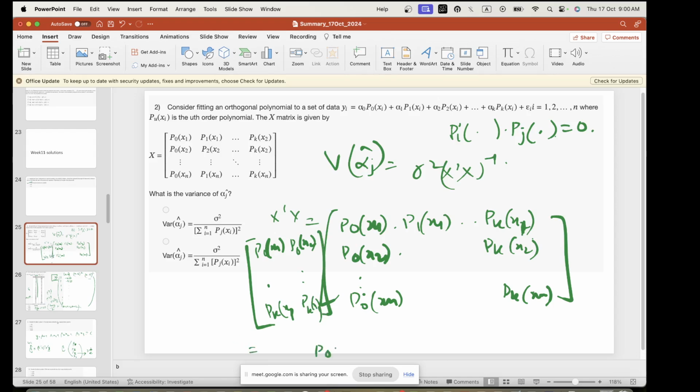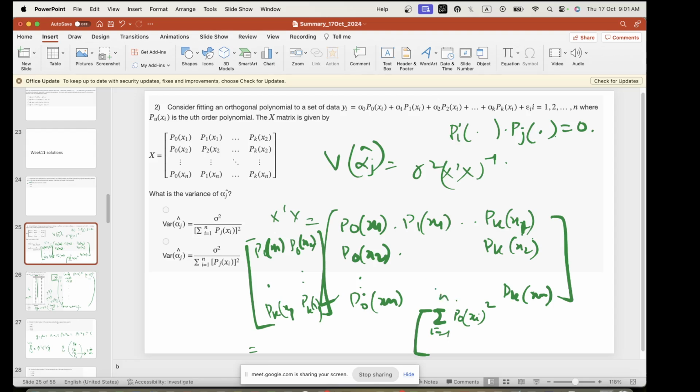This would be p naught x1 square plus p naught x2 square plus p naught xn square. So summation p naught xi square, i equal to 1 to n.